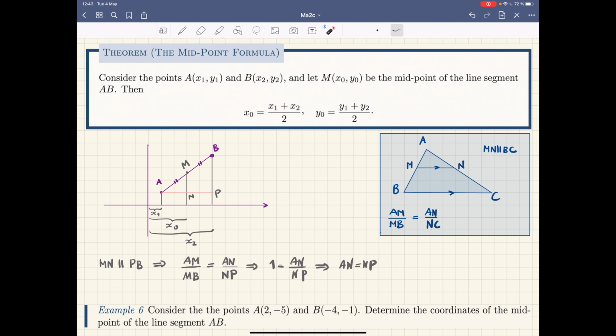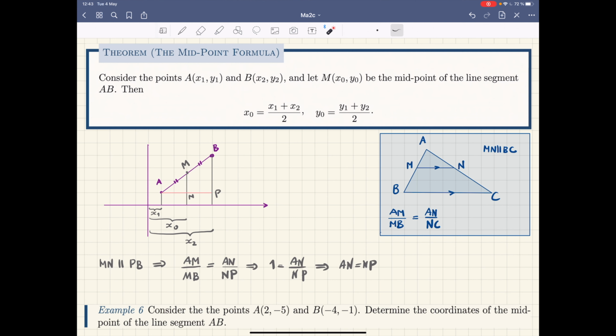Okay? But now can you tell me, what can I write instead of AN? AN is from here to here, and it is clear it is equal to from here to here. Yes? But can you write something instead of x naught and x1? I am talking about AN. x naught minus x1.